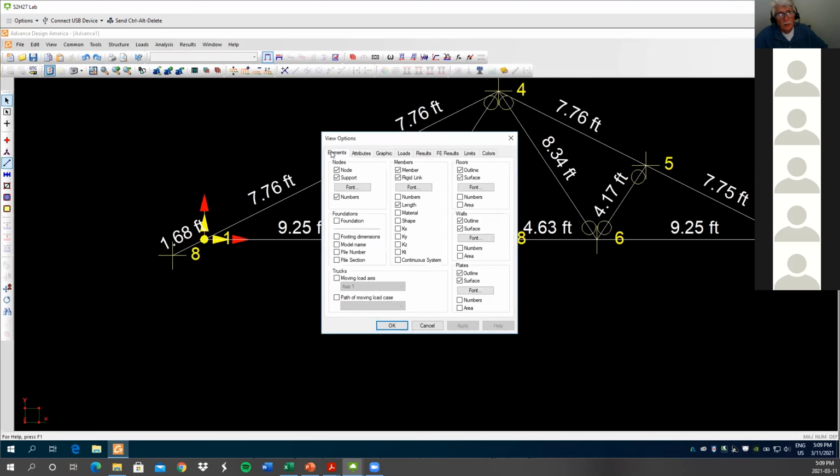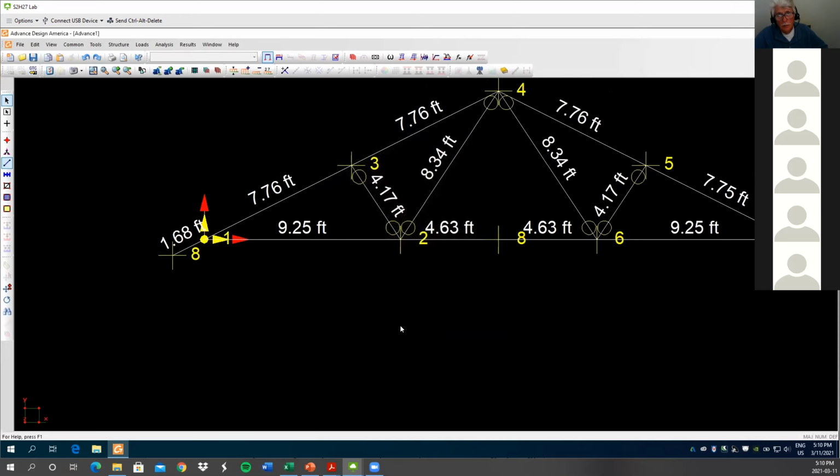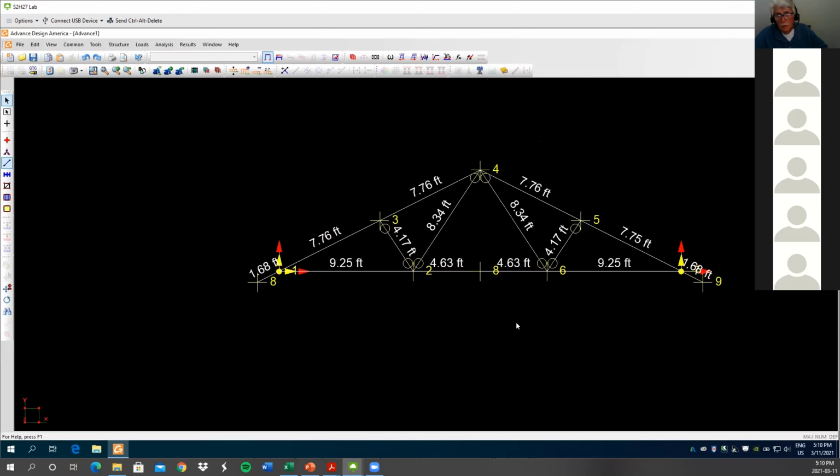That's exactly what I got. They both give you number 8. So that means you've assigned the same node number, and when you run your analysis, you're going to get a big mistake. You understand?